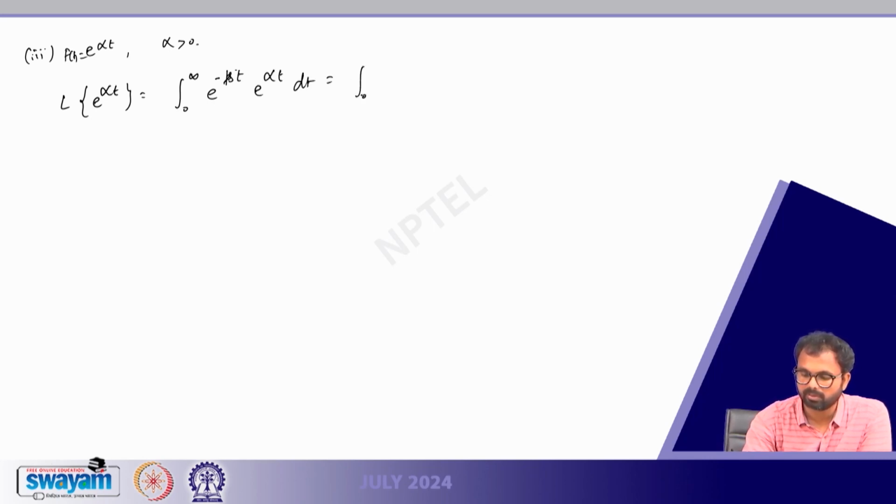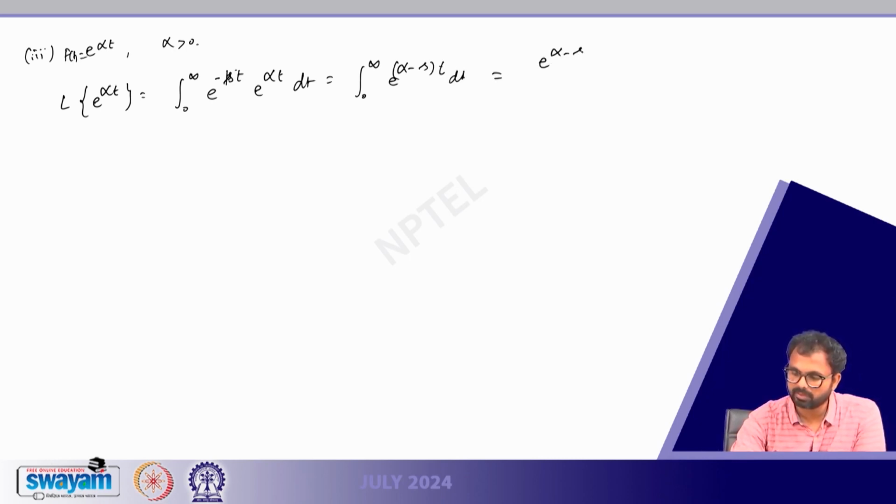So this will become the integral from 0 to infinity of e to the power (alpha minus s)t dt. If I integrate, it will become e to the power (alpha minus s)t by (alpha minus s), from 0 to infinity. If s is greater than alpha, then the exponent is negative, and only in that case will it go to 0.